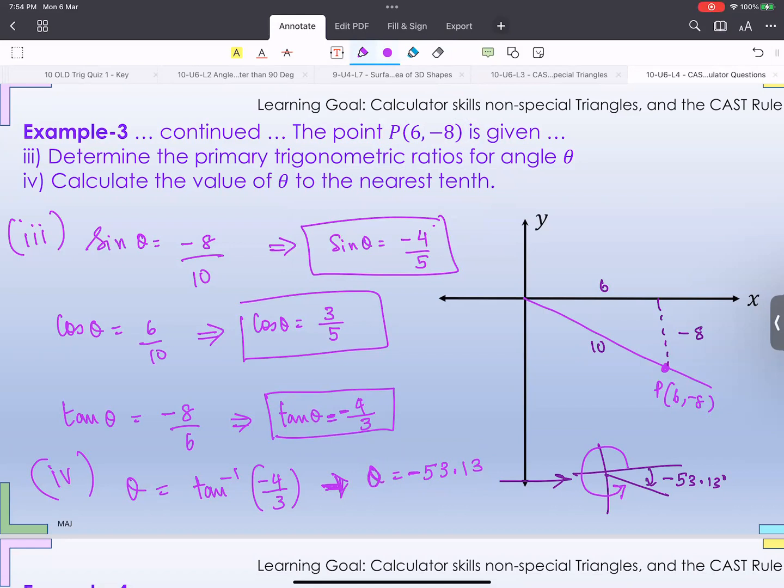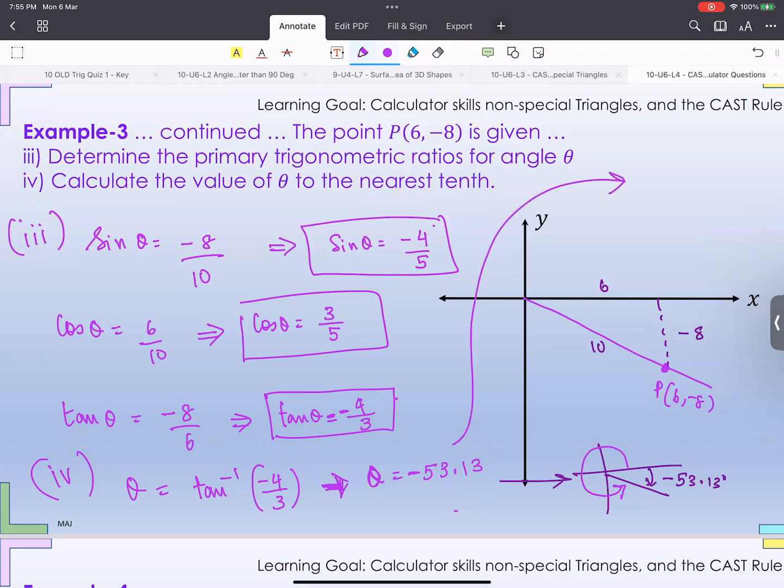So we have to do 360 minus 53.13. Sorry, I'm seriously running out of space here. Let's try to move everything over to here.